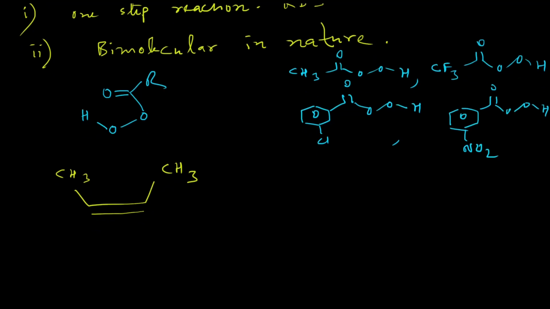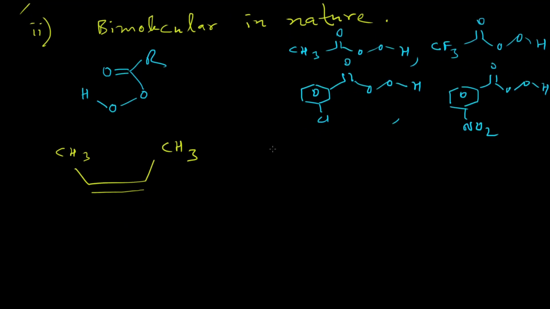So what makes them a very good oxygen source, or rather an oxidizing agent, for epoxidation reactions? Note carefully that this peroxide bond, which is formed between two oxygen atoms, is very weak. Why is it very weak? A simple explanation is the lone pair repulsion between the adjacent oxygen atoms.